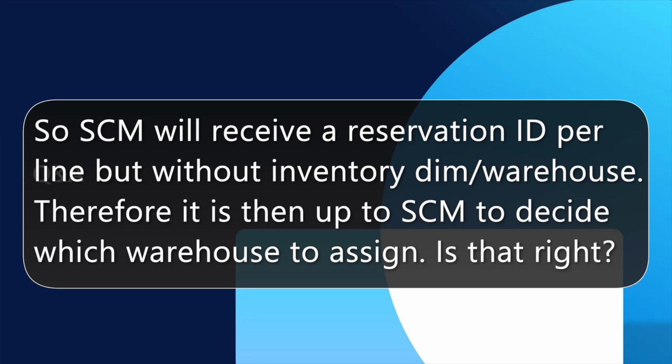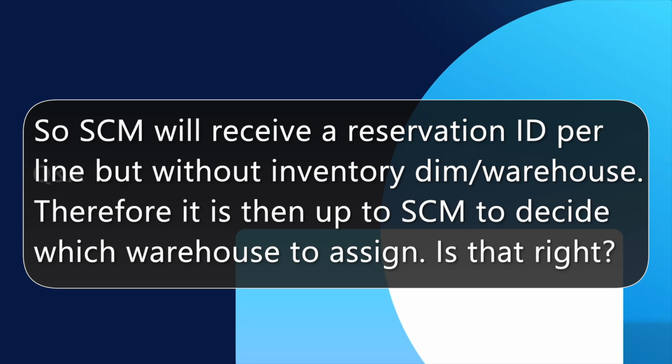And when your order gets synced from the e-com website or third-party application to the sales order line, you will carry the reservation ID, and you will not have any inventory dimensions in this case because you have reserved against the product ID itself. And then when the sales order lines are getting created in D365 and either the DOM process or release to warehouse process, whatever is the mechanism you are using in D365 SCM for the hard reservation, that is when the actual warehouse will be assigned.